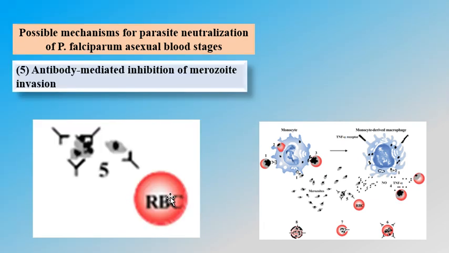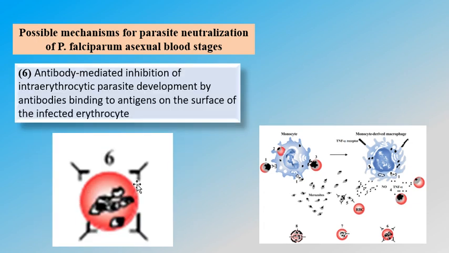In these mechanisms, antibodies interfere with the binding of the merozoite to the red blood cell. So here antibodies mediate inhibition of merozoite invasion. And as you know, antibodies work in 3 ways: opsonization, neutralization, and complement activation.